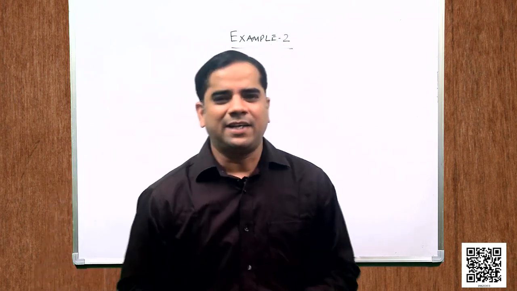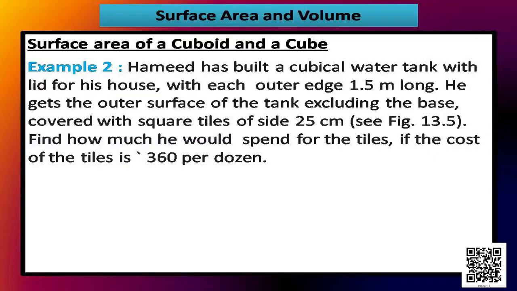What it says? It says Hamid has built a cubical water tank with lid for his house with each outer edge 1.5 meter long. He gets the outer surface of the tank excluding the base covered with square tiles of side 25 centimeter.